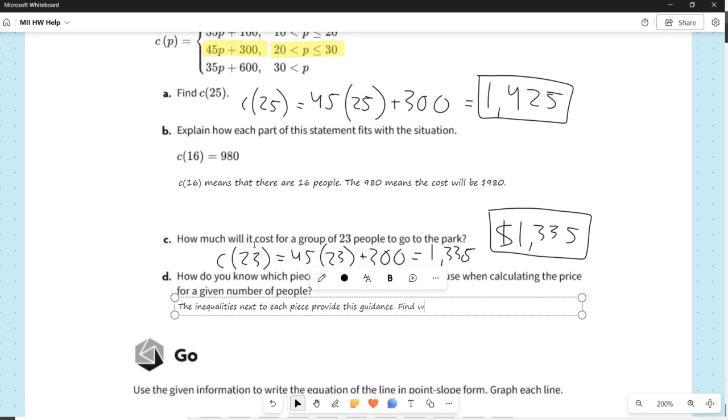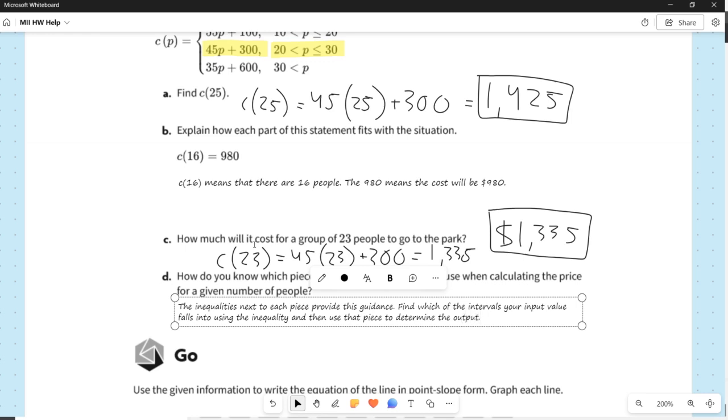So what we've got to do is find which of the intervals your input value falls into using the inequality, and then use that piece to determine the output.